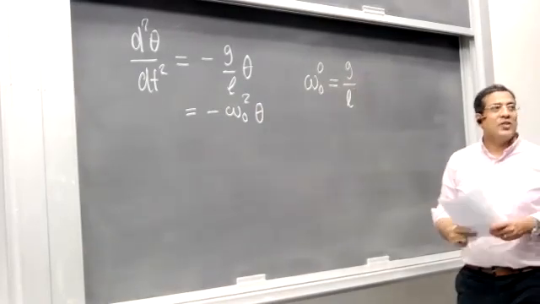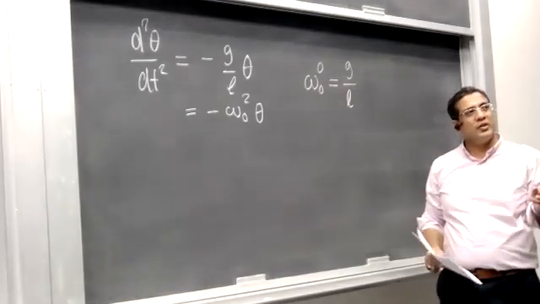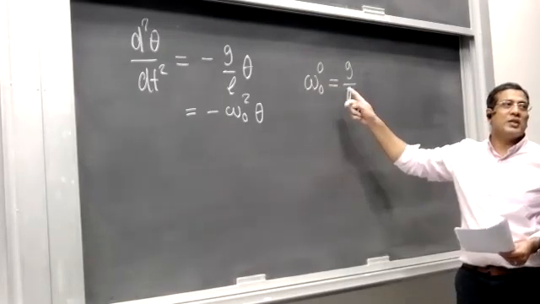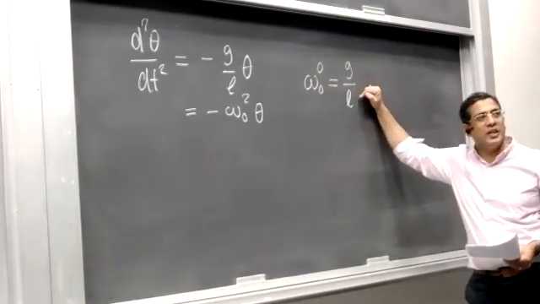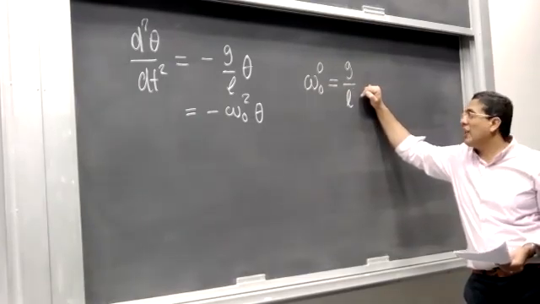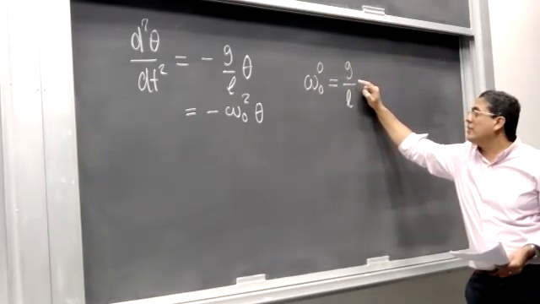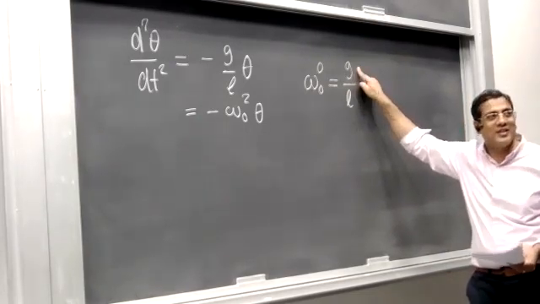If you take a pendulum and swing it with different amplitudes, its frequency won't change. The frequency of the pendulum changes only if you change g or L. As long as the length of the string is the same, the frequency would remain the same on the surface of Earth because you can't change g.